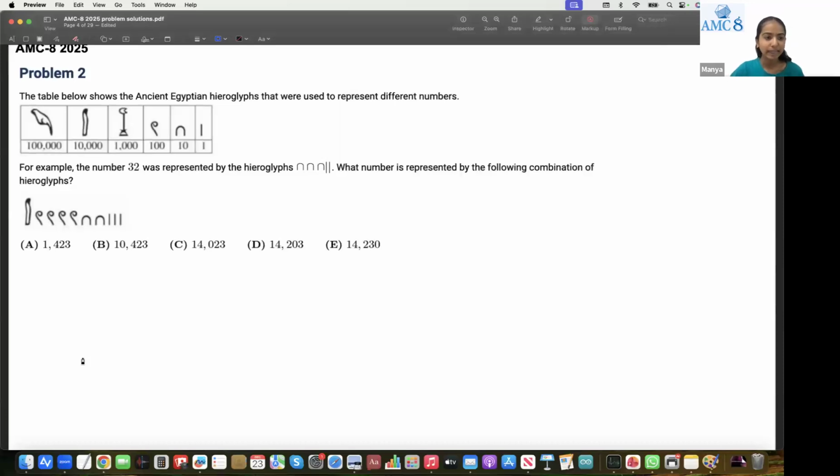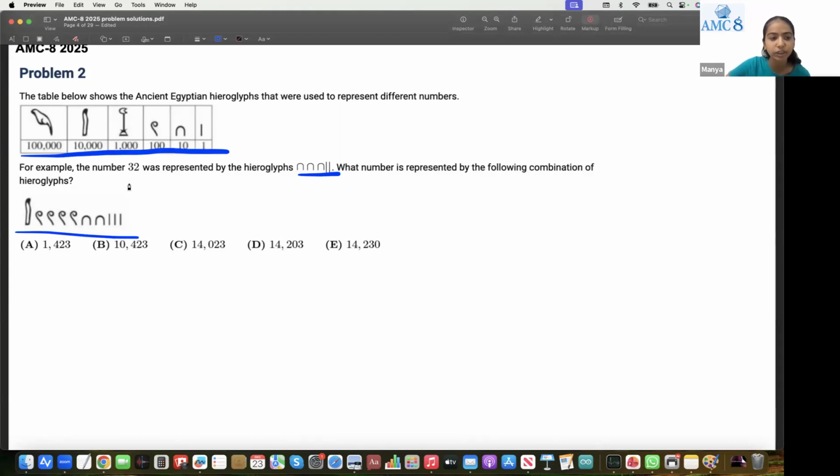Problem number 2. The table below shows the ancient Egyptian hieroglyphs that were used to represent different numbers. For example, the number 32 was represented by these hieroglyphs. What number is represented by the following combination of hieroglyphs? So they gave us a key right here, and all we need to do is add them.